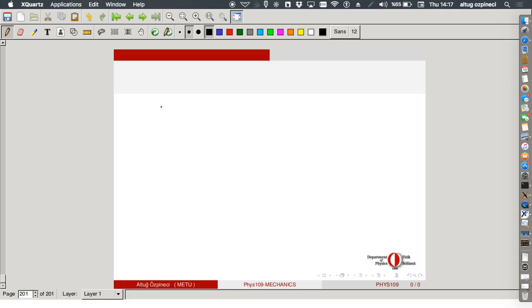Now let's study the potential in a bit more detail. Let's look at the potential graphs. We already know that for a constant force like gravity, the potential only depends on the vertical height, so it's just a linear function.